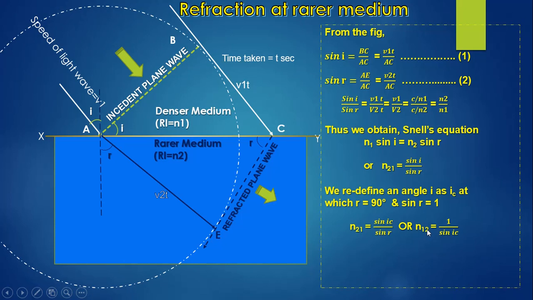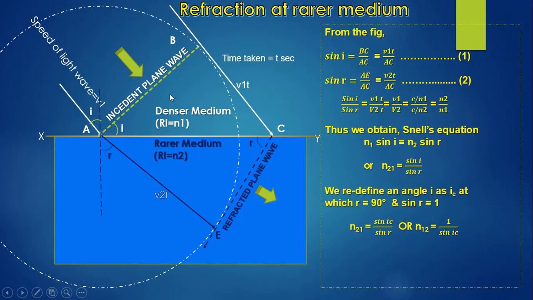You might have a question in your mind: why am I writing n12 instead of n21? Because I have already redefined the angle of incidence for which total internal reflection takes place. If the angle of incidence is greater than the critical value, then total internal reflection takes place.